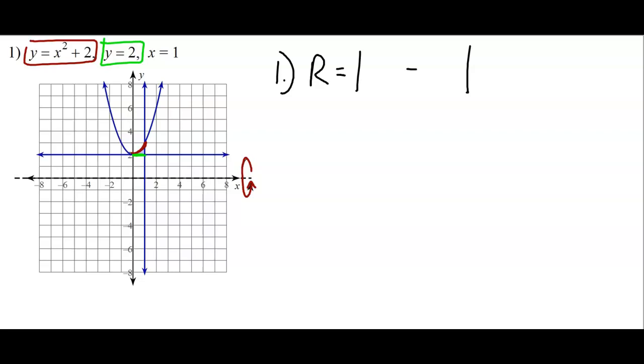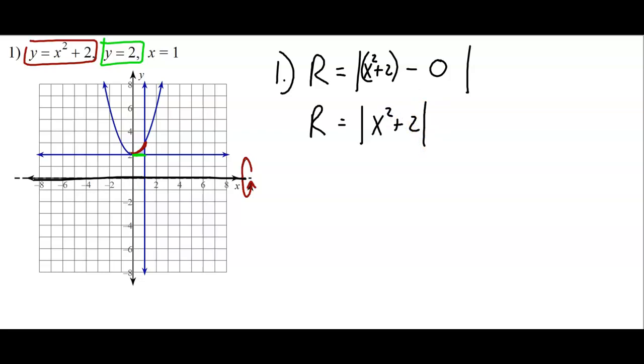So it's the red equation, x squared plus 2, and we subtract from that the axis of rotation, which is the x-axis. When you're rotating around the x-axis, that equation is 0, so technically you could just simplify this as x squared plus 2. There's my big radius.